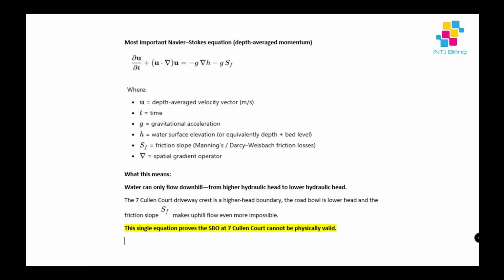So the sign of del h controls everything. Very important. If del h is negative, water accelerates downhill. If del h were positive, that would imply water is accelerating uphill, which of course is physically impossible without applied pressure. And of course this destroys the SBO at 7 Cullen Court.